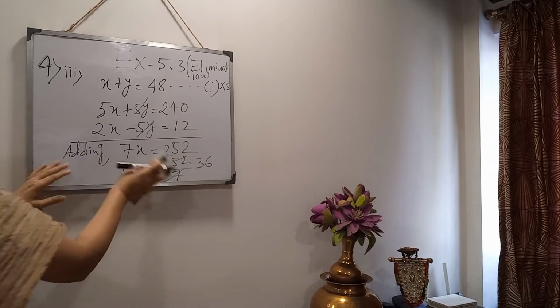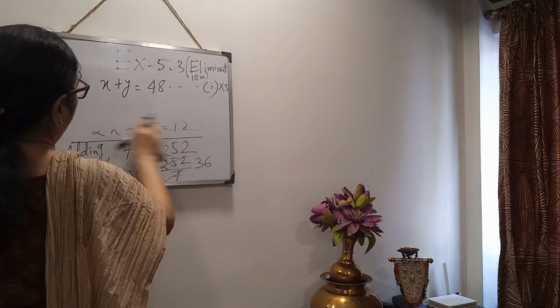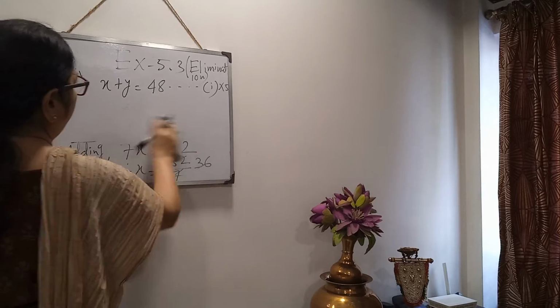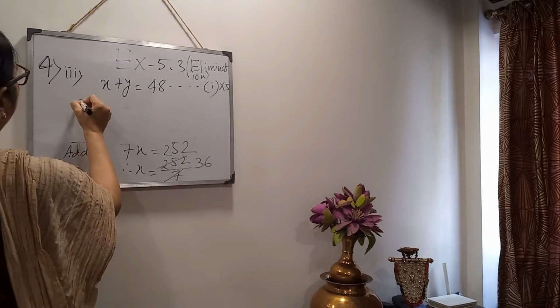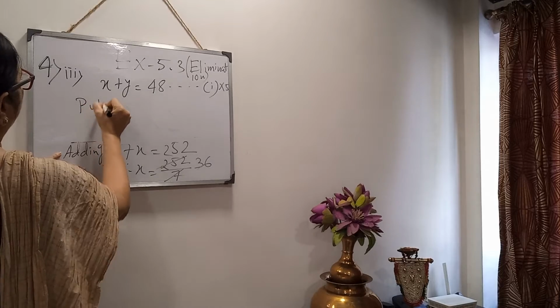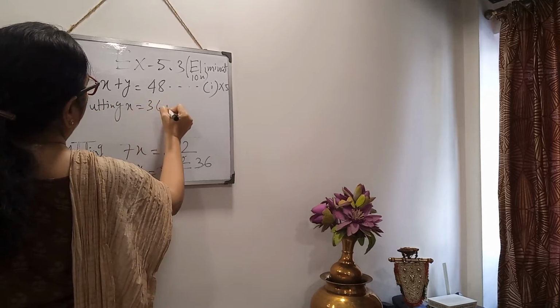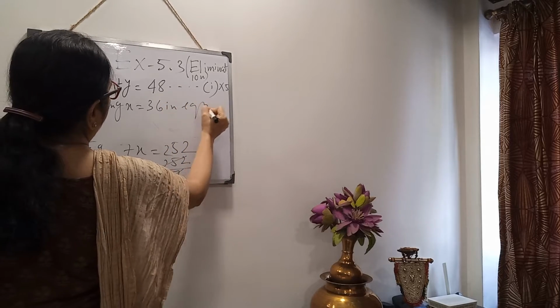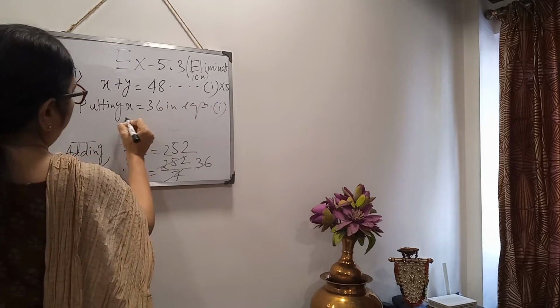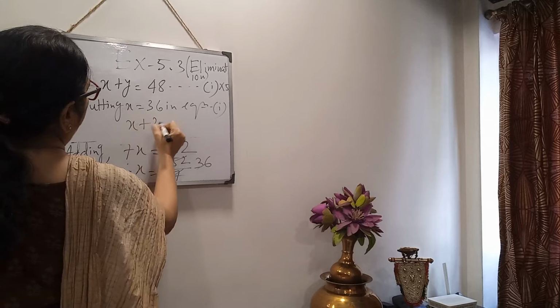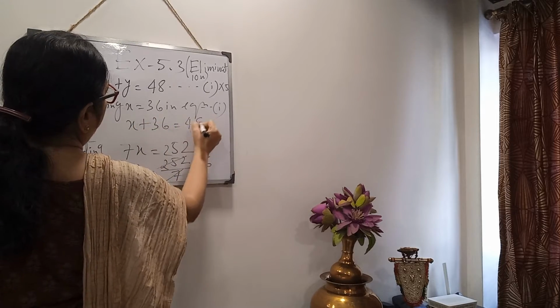Clear? So I have got x equals 36. Then you have to write, putting x equals 36 in equation number 1. So x plus y, so 36 plus y equals 48.